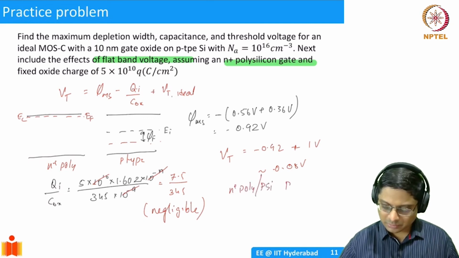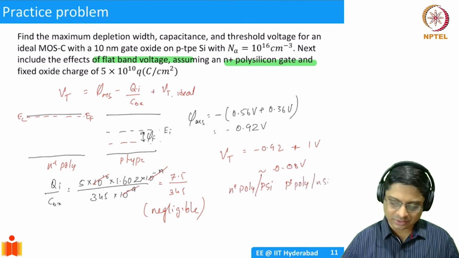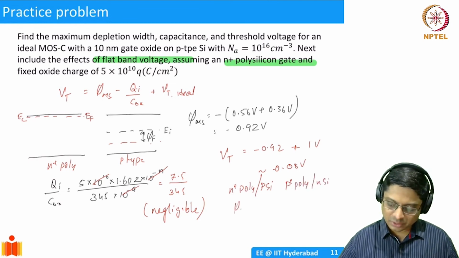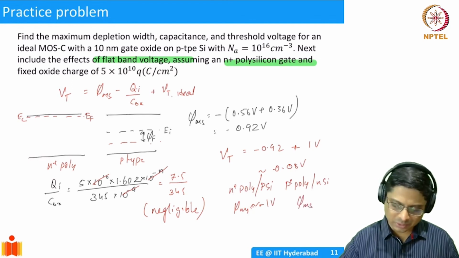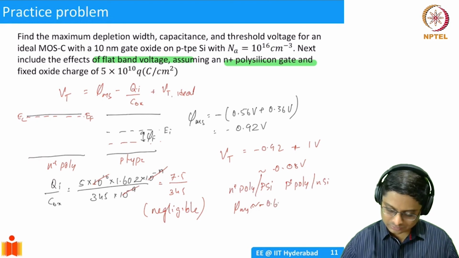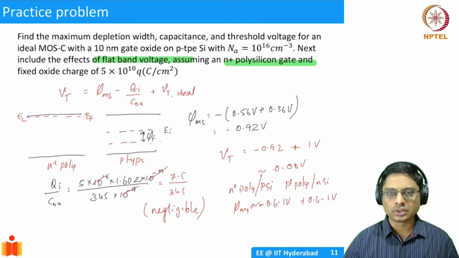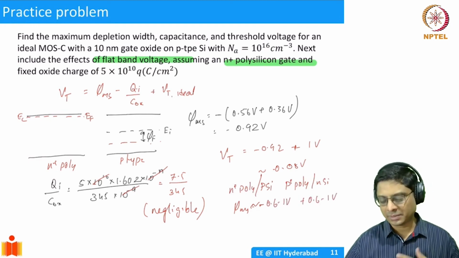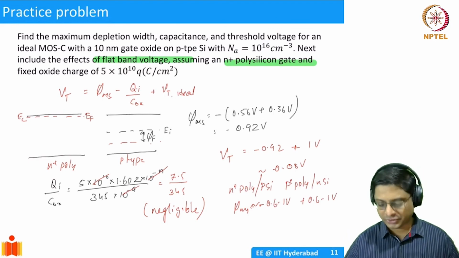For the P plus poly N silicon combination, phi ms is going to be a large positive number, approximately 0.6 to 1 volt.